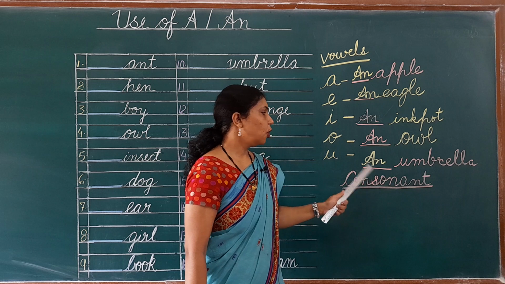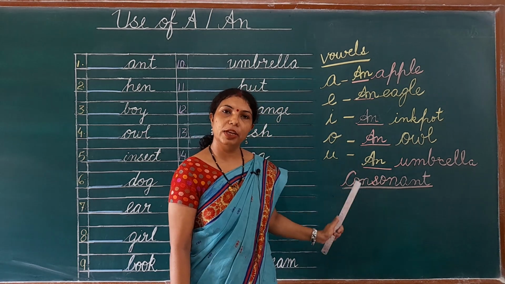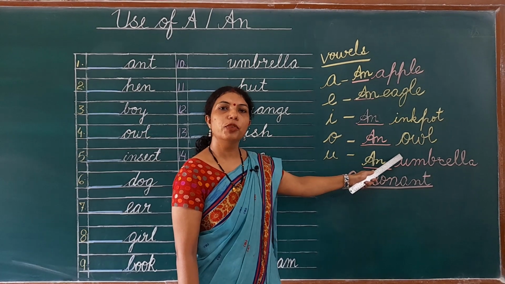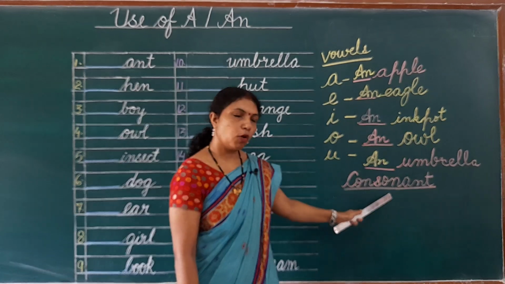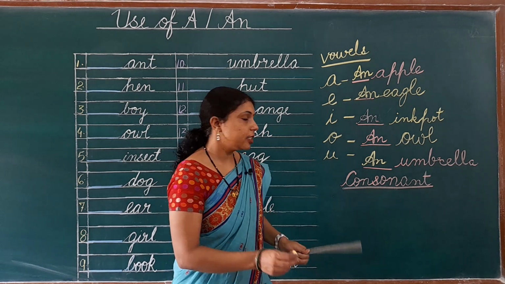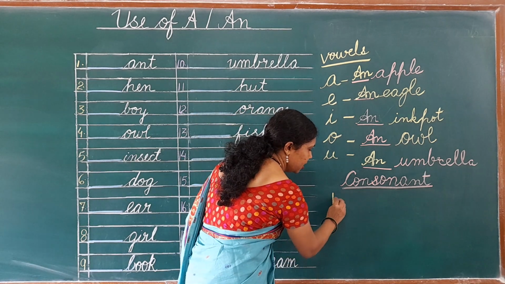Now before consonant we will use a. Before vowel we have to use an. Before consonant, we have to use a. And what are consonants? Let's see.